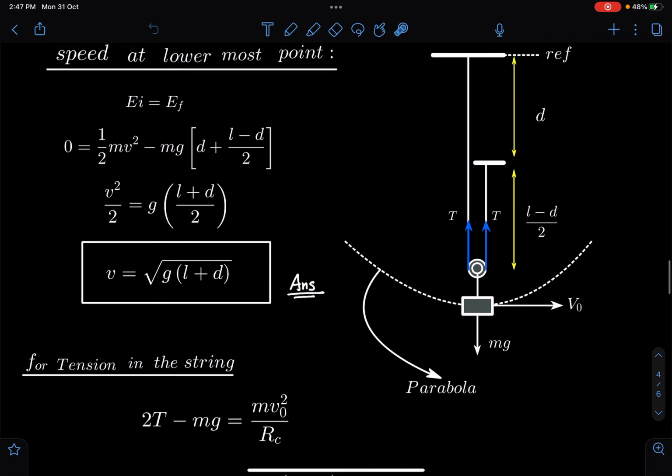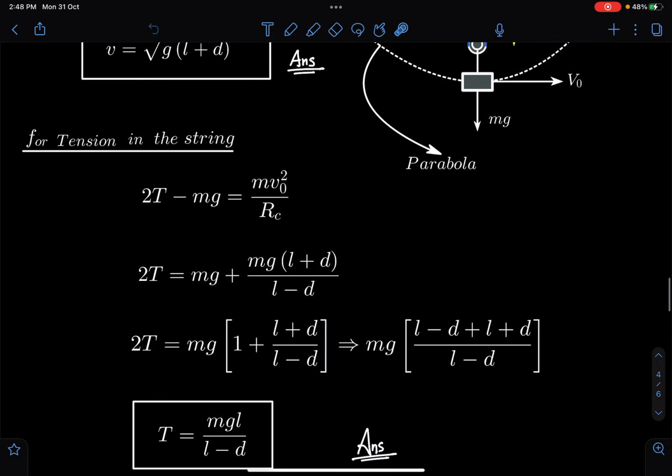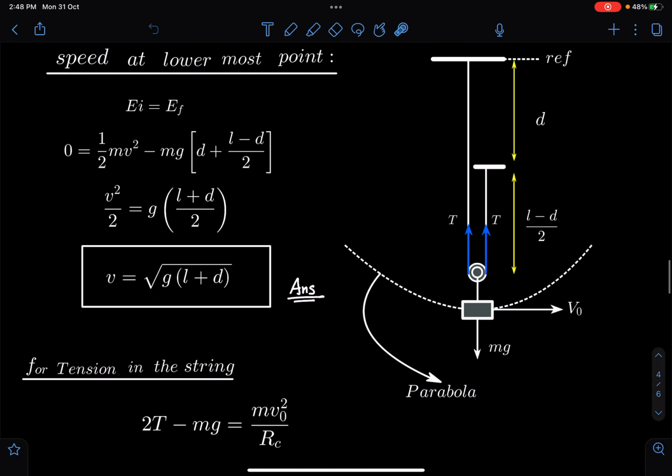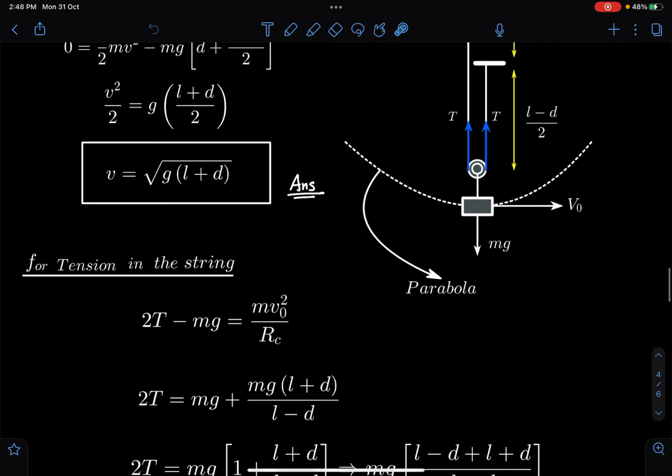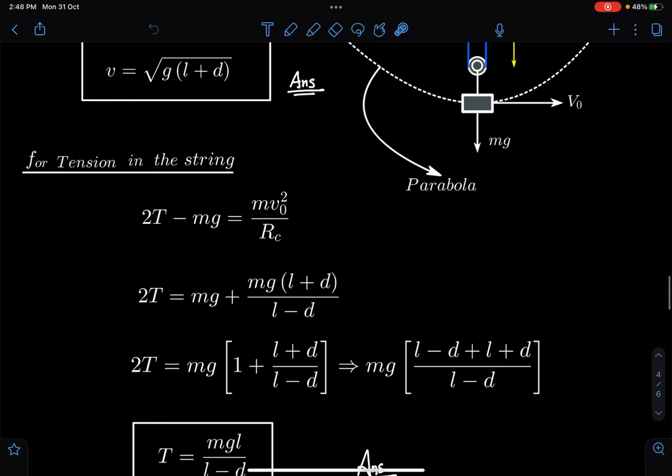Once you get this part, for the tension in the string, I can say directly here 2T minus mg, and it's a parabola, so we will require the radius of curvature, which we have already calculated. So the net force towards the center is 2T minus mg, which will be equal to mv square by rc. Let's substitute the values of v naught and rc.